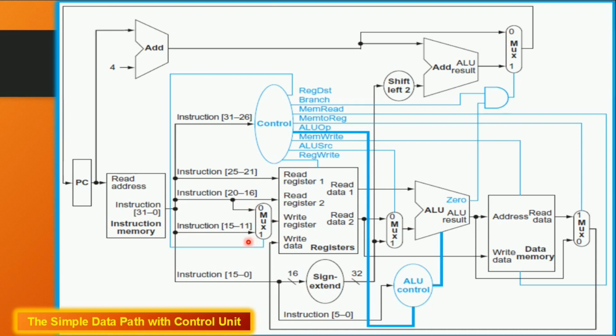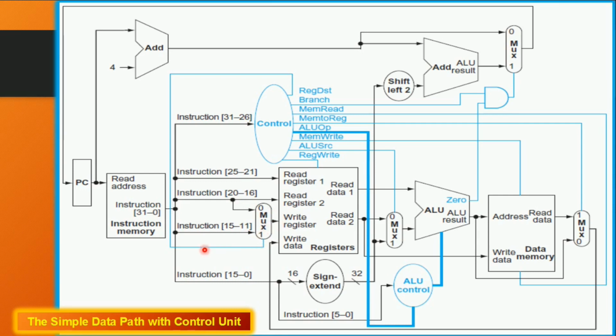If I want to select RD as destination register, I have to assert this register destination signal. Asserting means making the signal logic 1. Deasserting means making the signal logic 0. So if I want to select RD as my destination register, through this mux the second data has to come out.